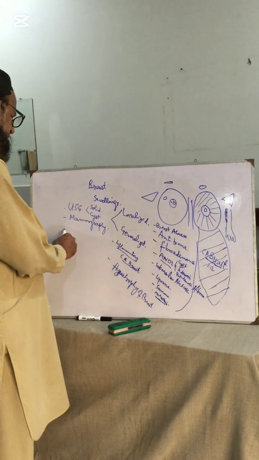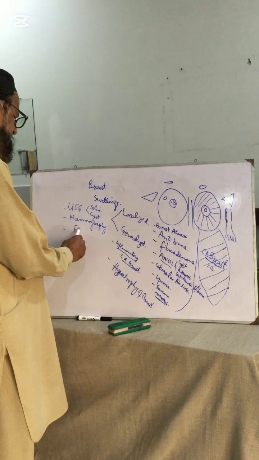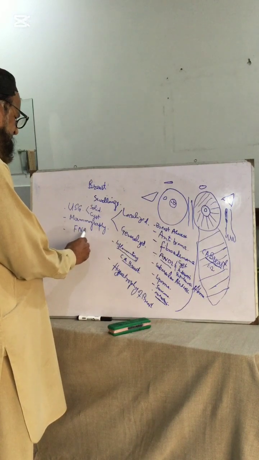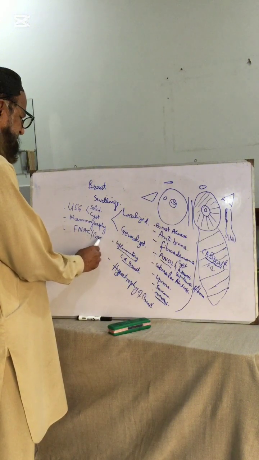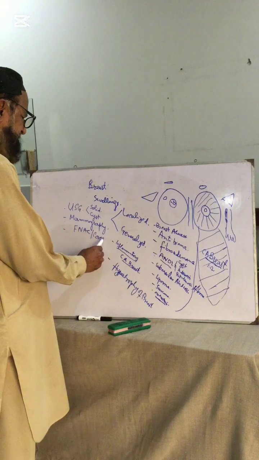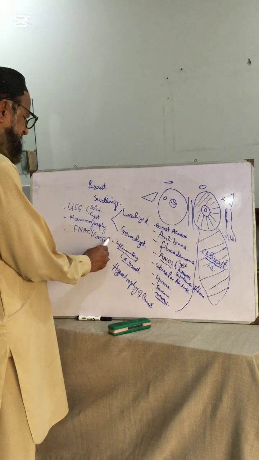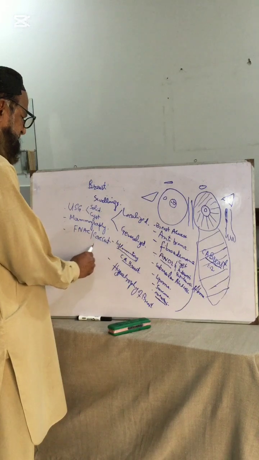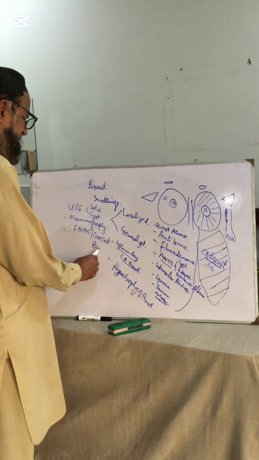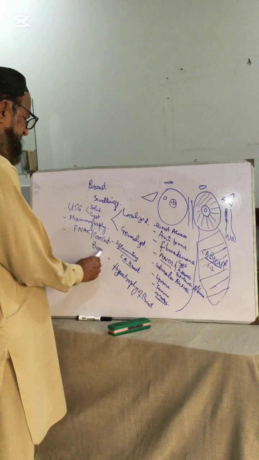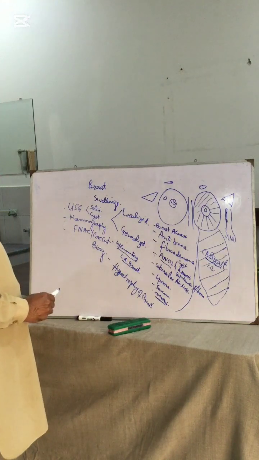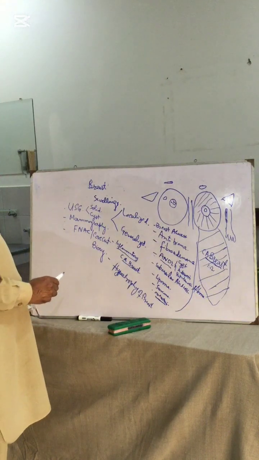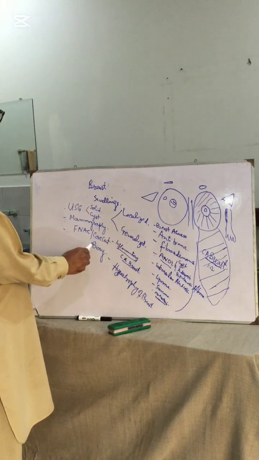Then we have to go for FNAC and core cut biopsy. It is meant for the definitive diagnosis of breast disease, whether it is inflammatory, whether it is carcinoma, whether it is fibroma, or what is the nature of the disease. The specific nature of the disease is known by the core cut biopsy.